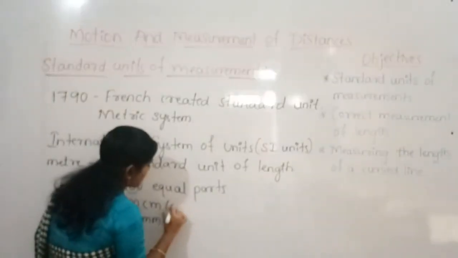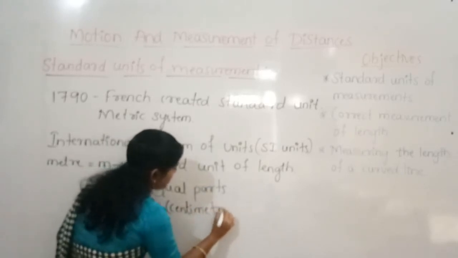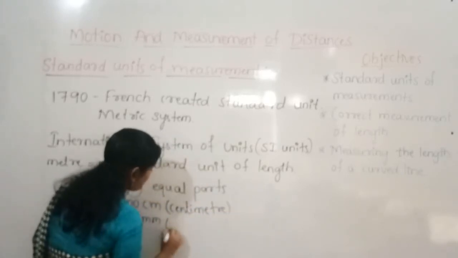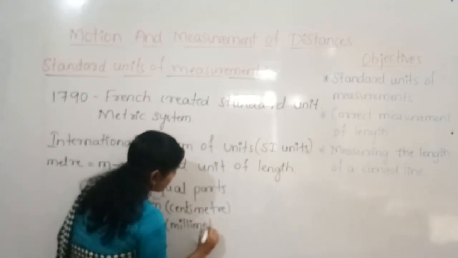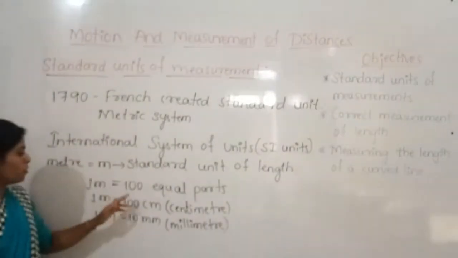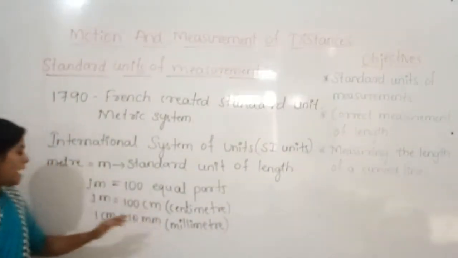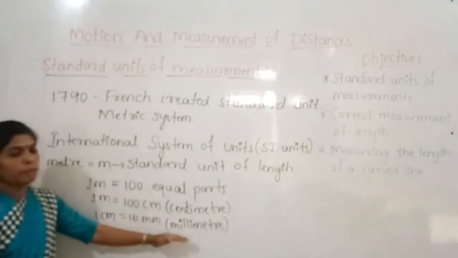So this is centimeter and this is millimeter. So 1 meter is equal to 100 centimeter and 1 centimeter is equal to 10 millimeter.